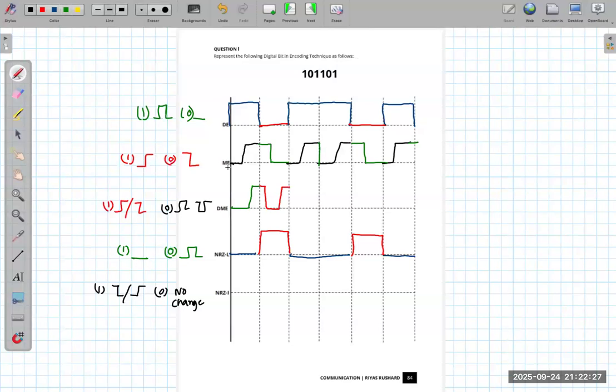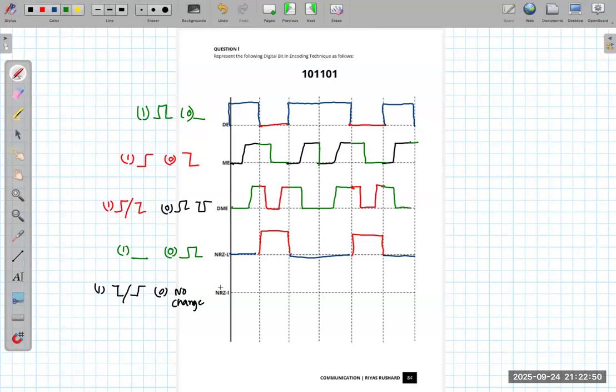Okay, if it's a one, high to low. Another one, low to high. If it's a zero, low and high. And if it's a one, high to low.